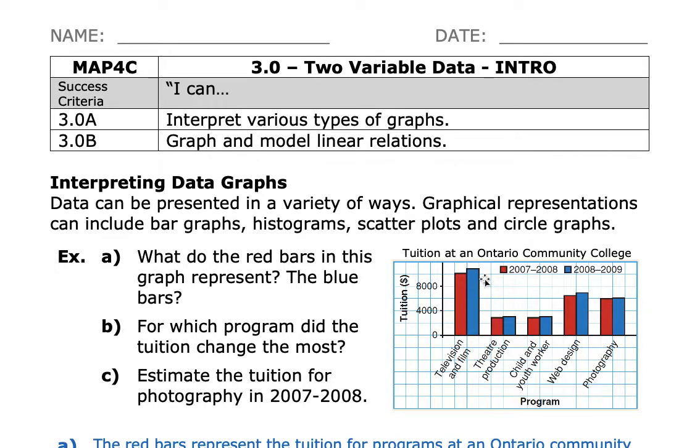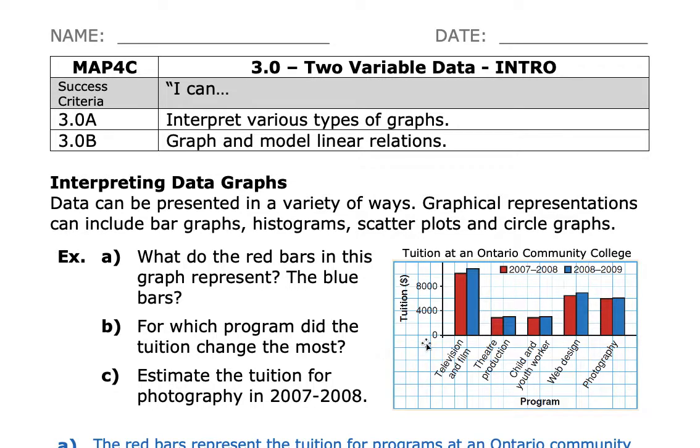The red bars represent the tuition costs in 2007 to 2008. So this is a legend here which explains what the components of the bars mean. The blue bars represent the tuition prices in 2008 to 2009. B, for which program did the tuition change the most?